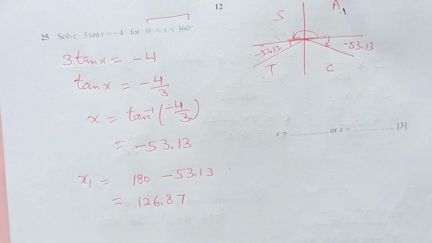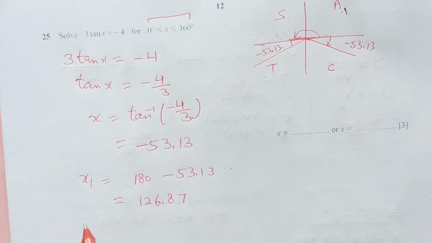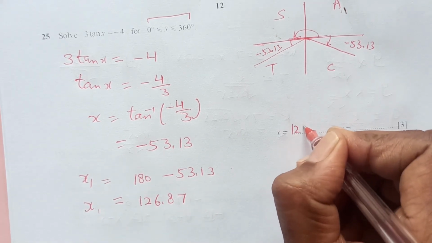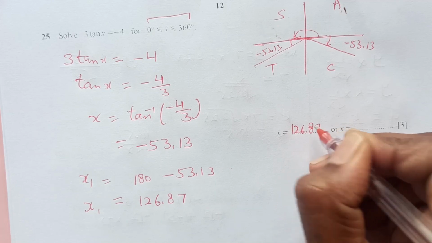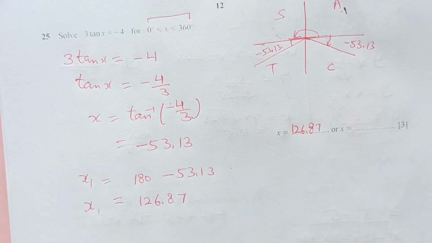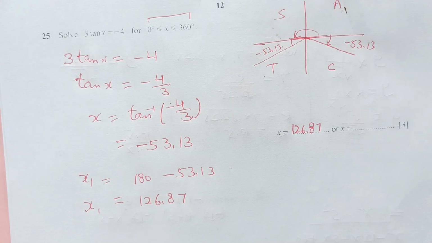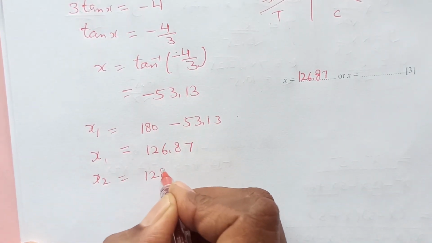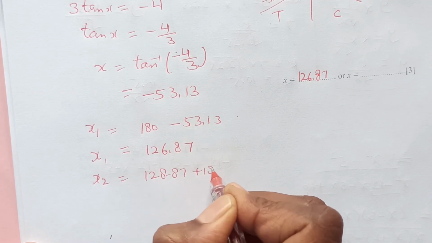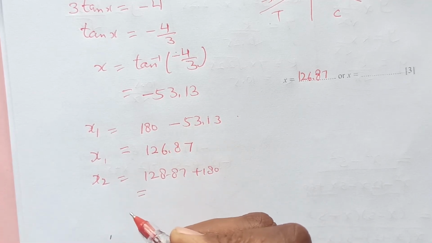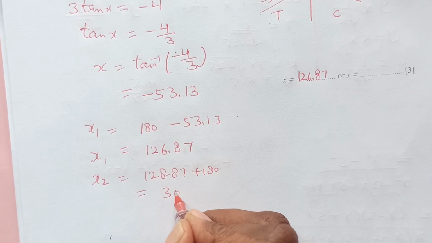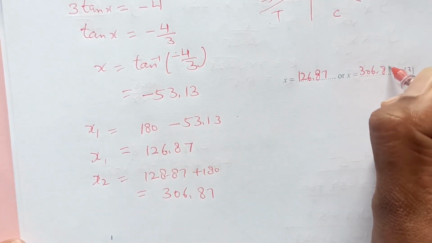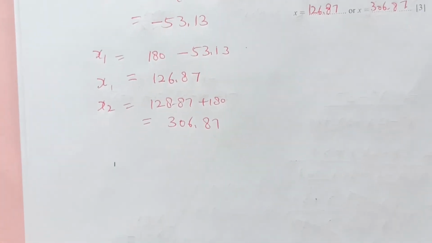So that is our one answer, and another one we are going to get by adding 180 here, which comes out to be 306.87. So this is 306.87. So that's it for this paper.